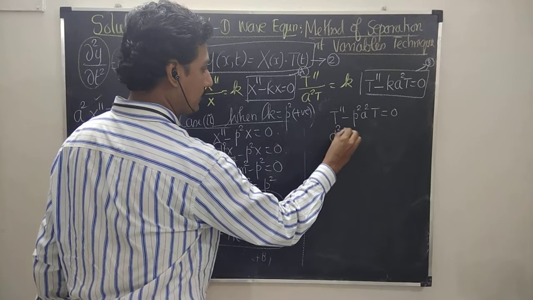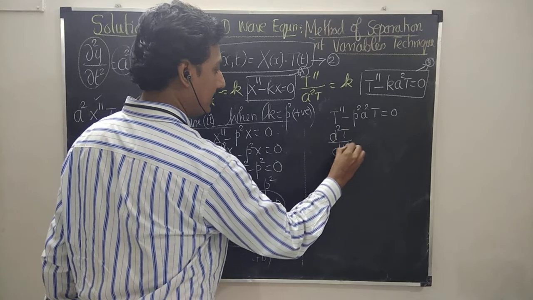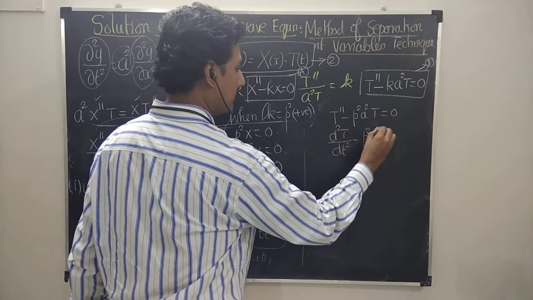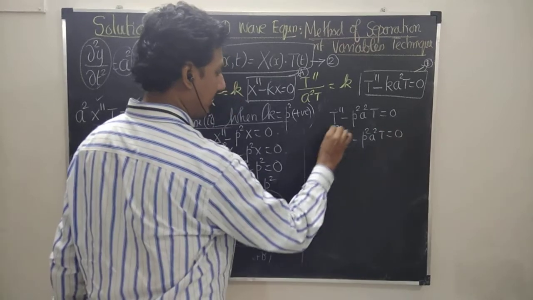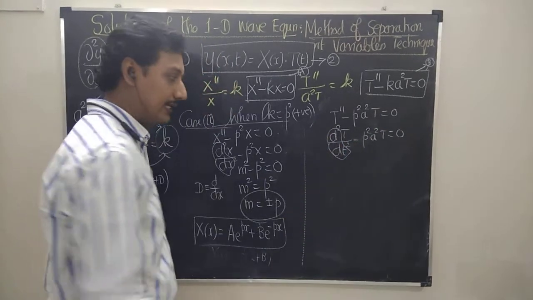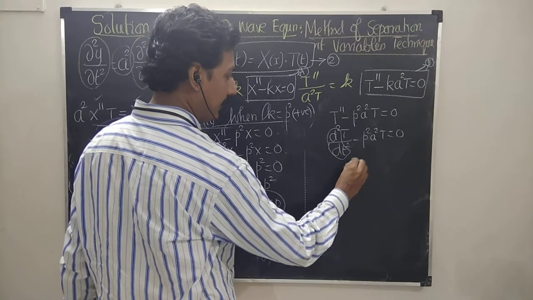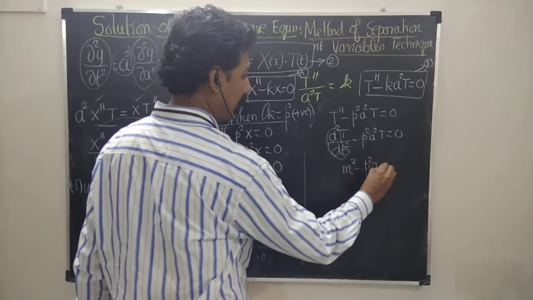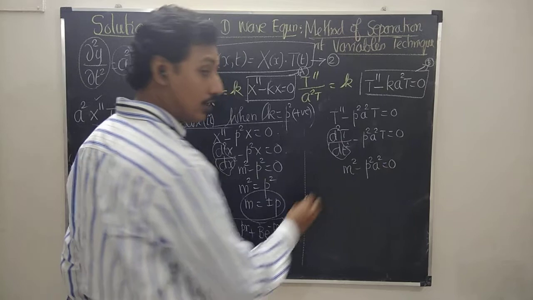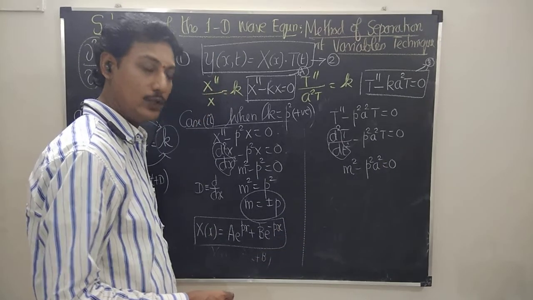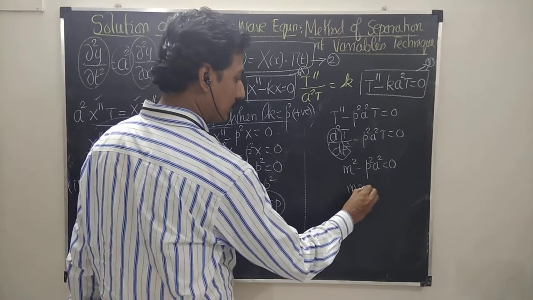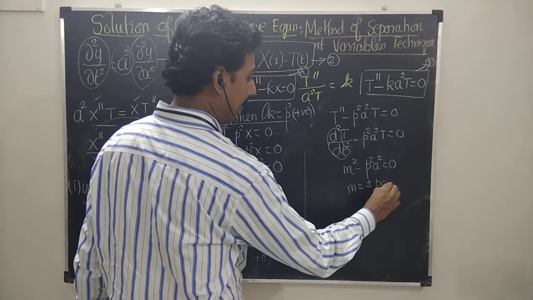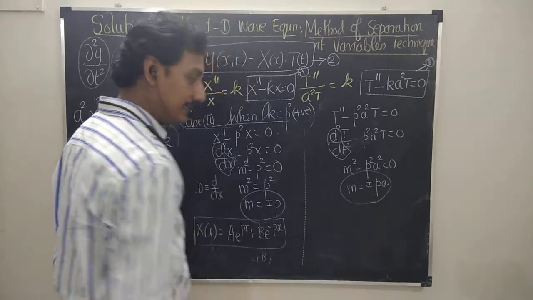Otherwise, d squared capital T by dt squared minus p squared a squared T is equal to 0. Replacing D by m, we get m squared minus p squared a squared is equal to 0. This is called the subsidiary equation or auxiliary equation, isn't it? So m is equal to plus or minus pa. The roots are real and distinct.